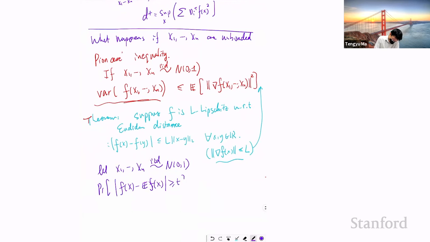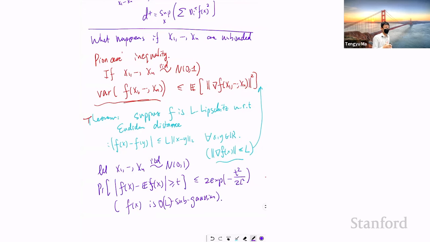The probability that the deviation exceeds t is less than 2 exponential of minus t squared over 2L squared. So basically f(x) is O(L) sub-Gaussian. But the L is not the expected gradient. The L is the absolute bound on the gradient.